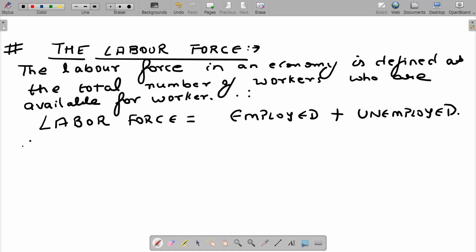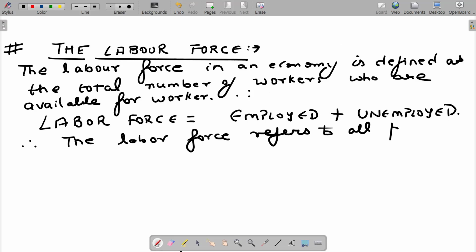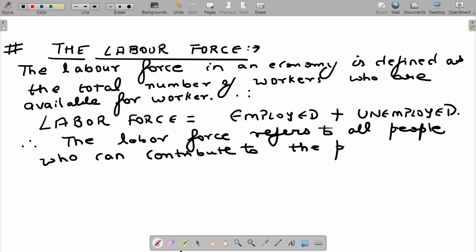Okay, so I can say, therefore, the labor force refers to all people who can contribute to the production of goods and services.